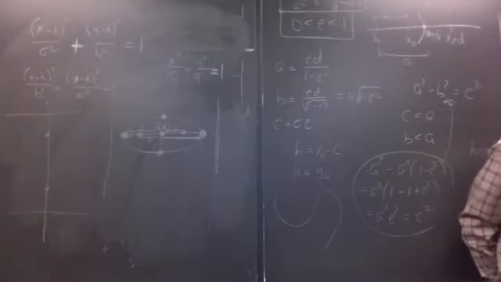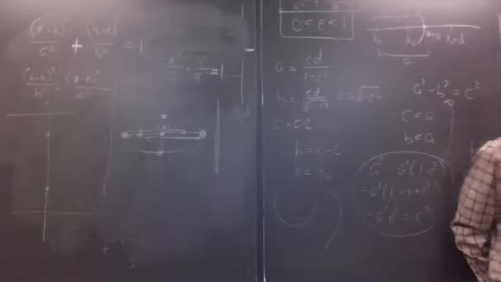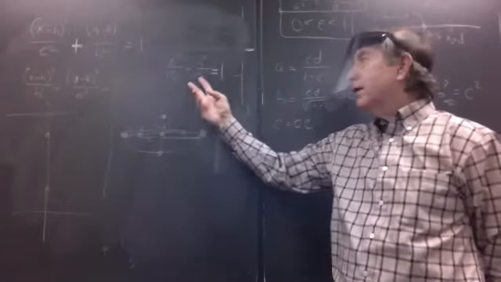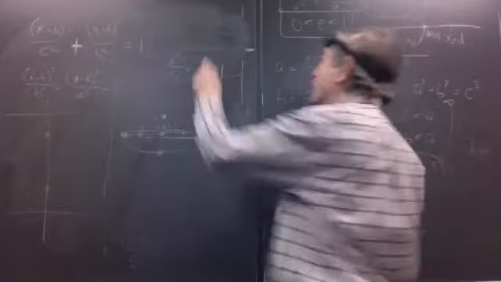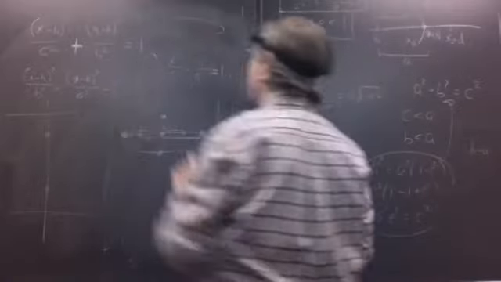First of all, it's an ellipse, because it matches one of those two things over there. In fact, it matches both of them because they look the same, except I switched the letters a and b, but they're both squares. I've got 16 and 9, they're both squares. When I look at this one, is it going to have a shape like this, or is it going to have a shape like this?